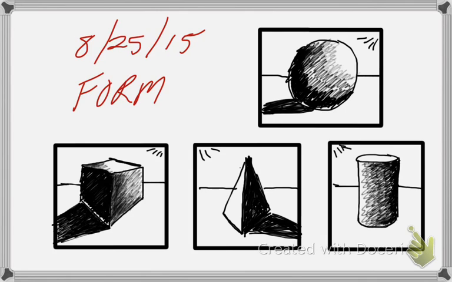All right, and then go ahead and add in the shadow. And again, it tapers as it goes away from the cylinder. That means it gets smaller as it goes away. And then just fill it in. And that's it.